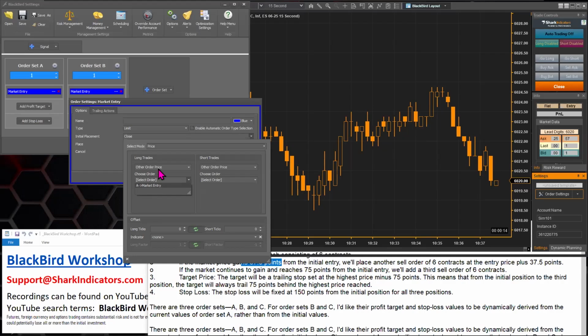Actually, other order price does not work, because that market entry won't actually have a price.